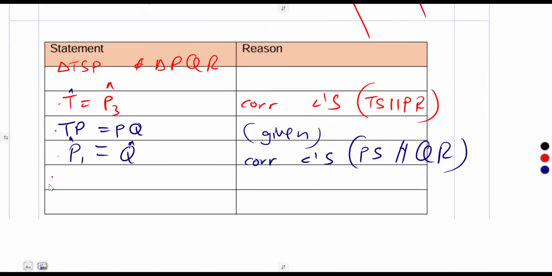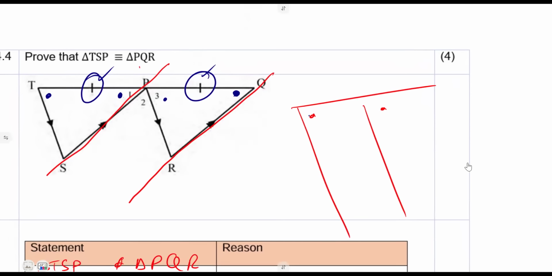So therefore, triangle TSP is congruent to triangle PQR from angle, side, angle. Or we can use another way, but that is the best one.